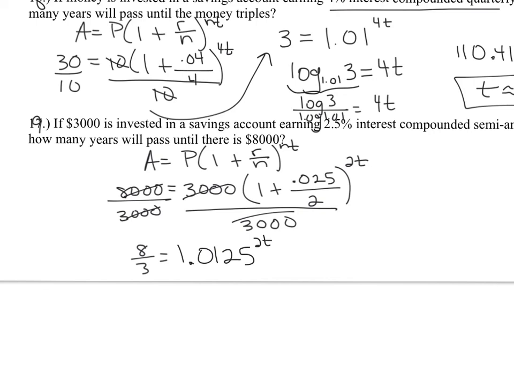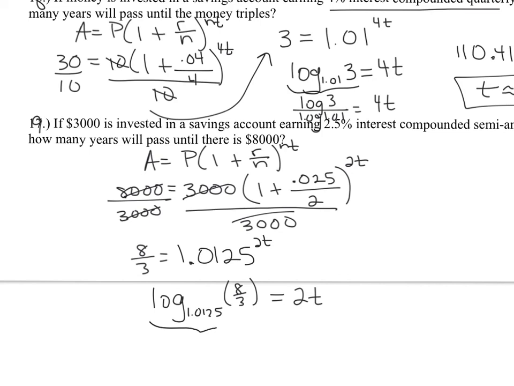And again, now we have our exponential that we need to rewrite. So it'll be a log with a base of 1.0125, of 8/3, and that'll equal 2 times t.